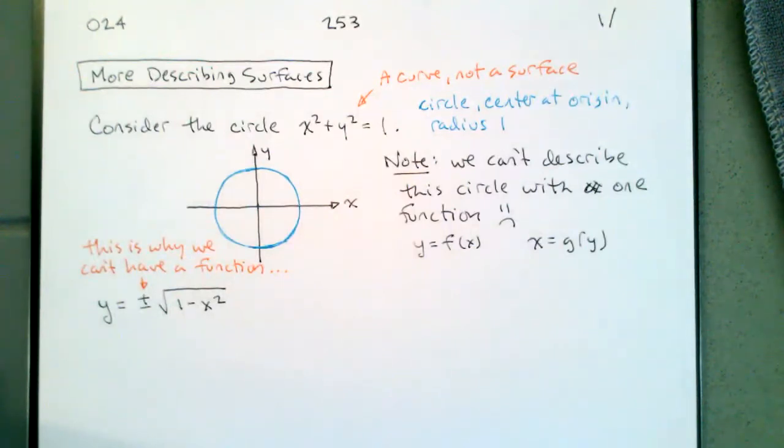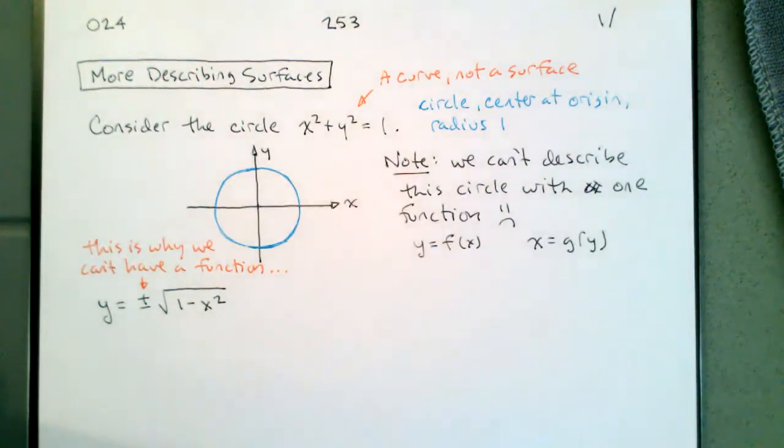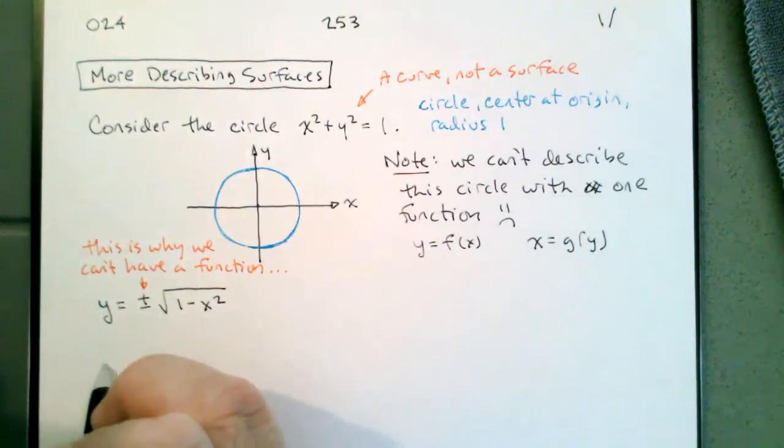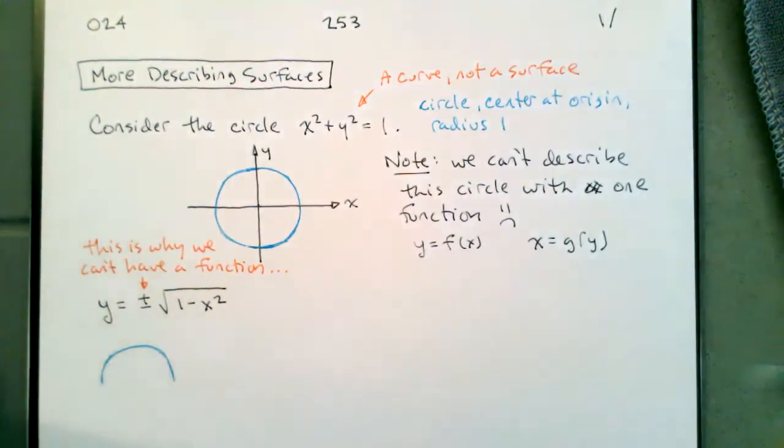We have two functions to build this circle, the positive square root and the negative square root. So we know that. Now we want to take that plus and the minus and see what it means for the circle. So we have these two functions. y equals plus the square root of 1 minus x squared is the top half of the circle because the y's are all non-negative.